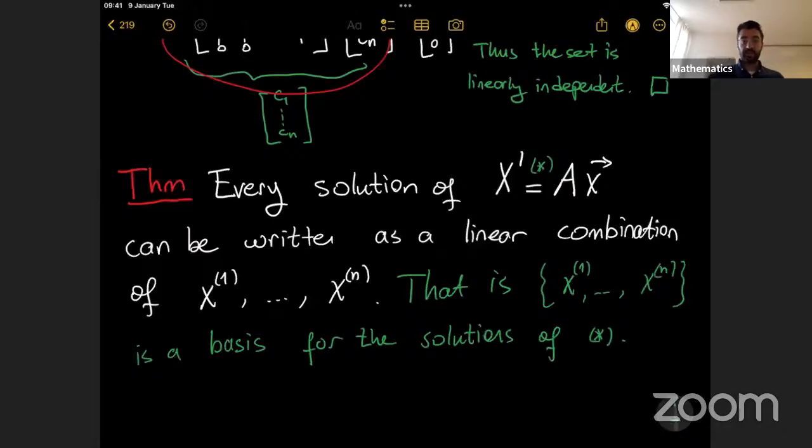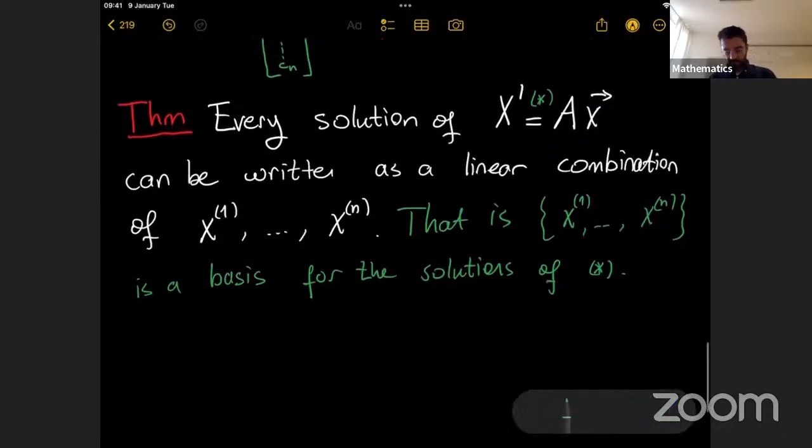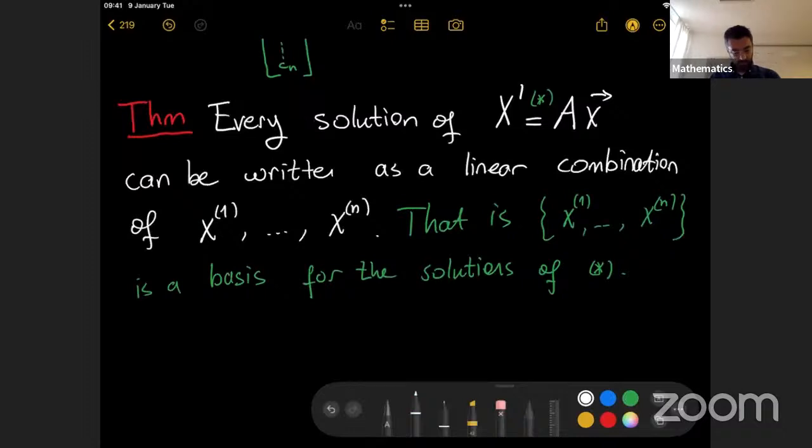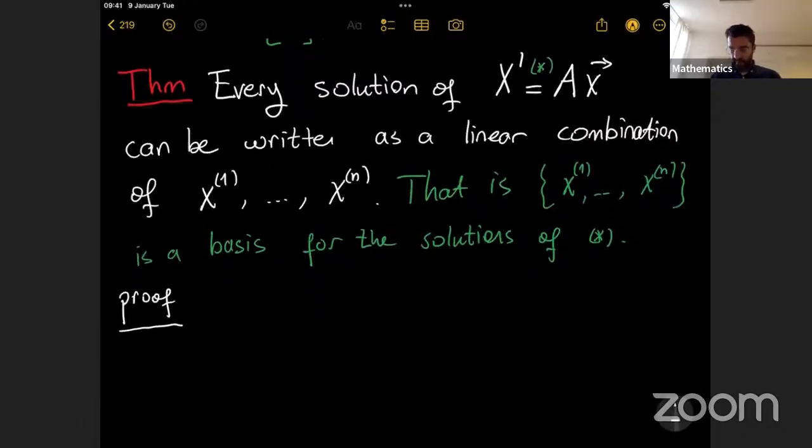It makes a basis for this solution set. Well, let's maybe prove this quickly. Don't worry, we will do many examples later, but we have to do this theoretical part first and do some examples later, okay? The proof is just one line.